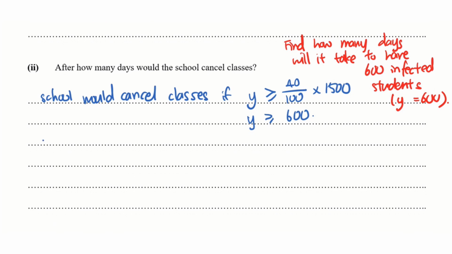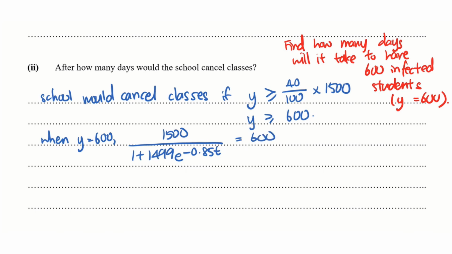So when y is equal to 600, we will substitute this into the given formula, and we will arrive at 1500 over 1 plus 1499 e to the power of negative 0.85t, which equals 600. So we arrive at this equation.